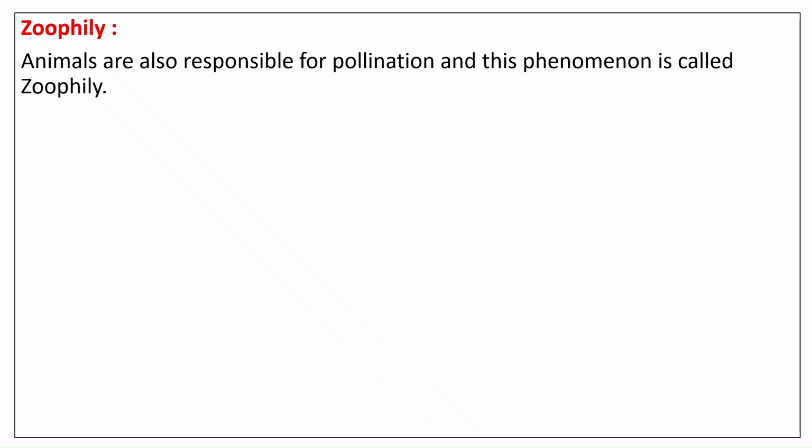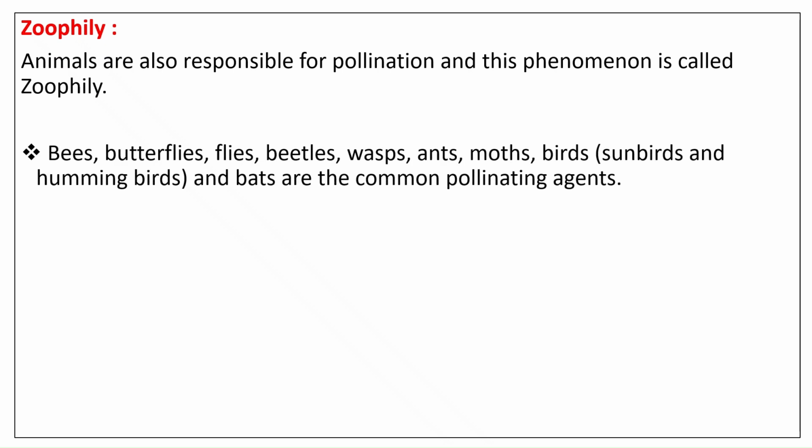Next, zoophily. Animals are also responsible for pollination, and this phenomenon is called zoophily. Here, bees, butterflies, flies, beetles, wasps, ants, moths, birds, that is sunbirds and hummingbirds, and bats are the common pollinating agents.